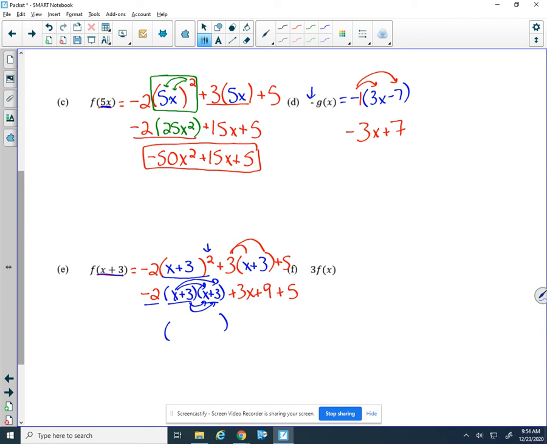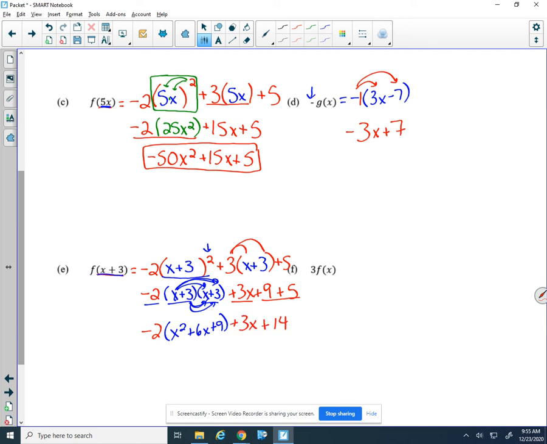So x times x is x squared. This 3x and this 3x makes 6x. If you can do the multiplying and adding the middle terms in your head, that saves you a step. And when you're getting to more complicated stuff, you don't want to waste your time so much. So this is 3x plus 14.